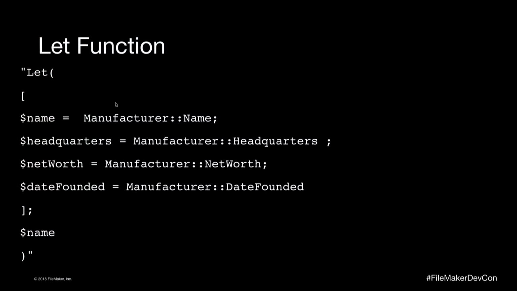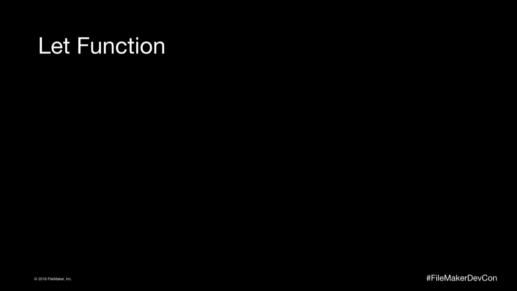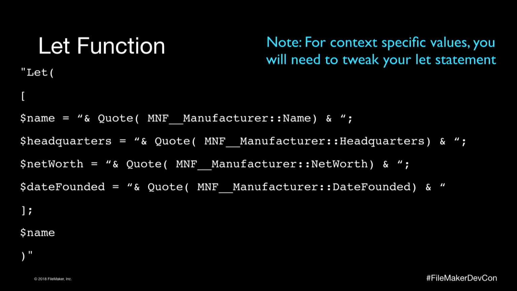So you notice when we send that block of code into our script, we're actually sending the field name and the table name, right? Well, what happens if your context changes from the time you press the button to the time you actually get into your script? This might not be able to evaluate. So if your context does change, let's say you're passing parameters into a separate file or a separate window layout, you would need to do something like this.